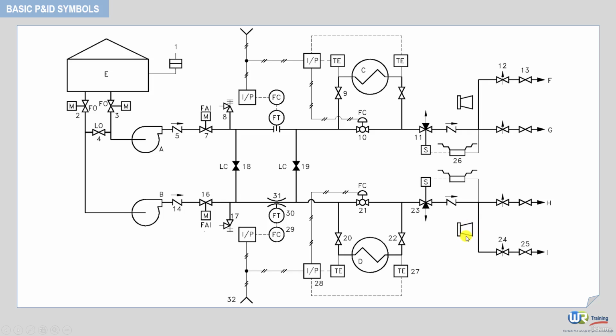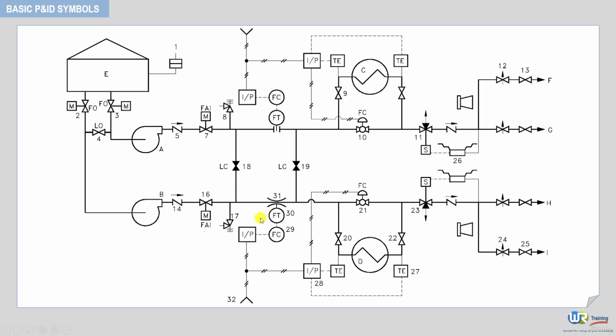Now let's figure out the type of pipes depicted in this simplified P&ID. Recall, we learned during the previous section that a heavy solid line in a P&ID represents a process line. This is the case of the line that you can see here, from the tank outlet to the gate valves you see here.